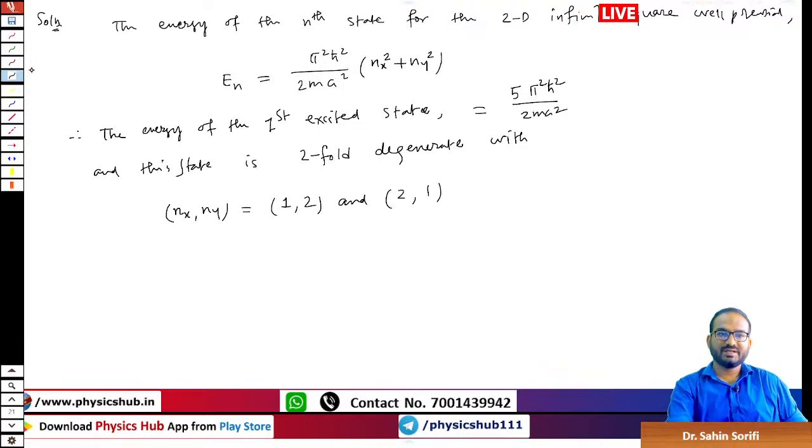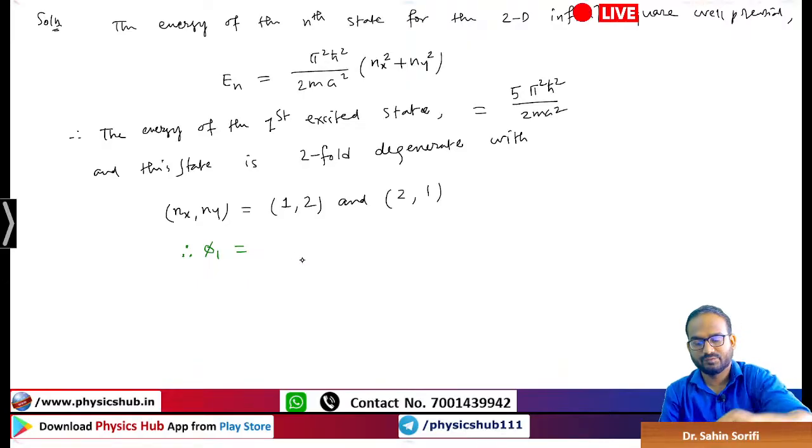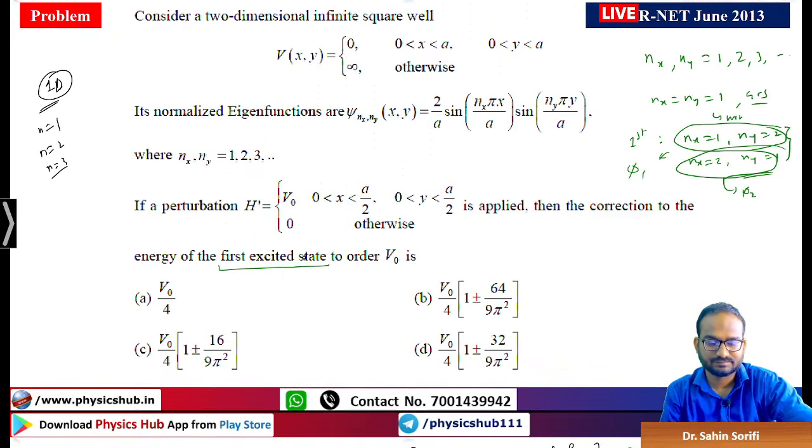So correspondingly we can choose the eigenfunctions. Okay, so what is phi 1 here? Phi 1 is the state by taking nx equal to 1, ny equal to 2, right? So the wave function you can see, 2 by a sin nx pi x by a sin ny pi y by a.